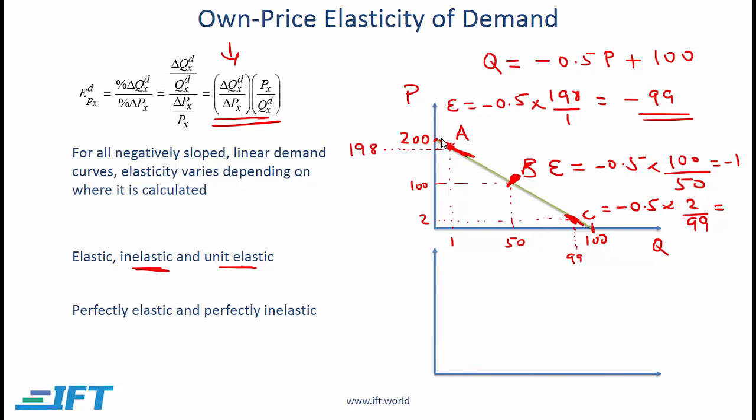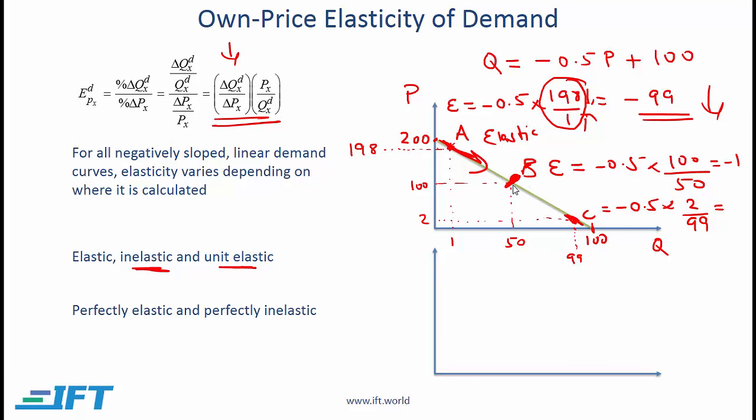And now you can see the progression along this demand curve. Here we are elastic, and as we move down, the numerator, which is the price, comes down, the denominator, which is the quantity, goes up. So this fraction is clearly coming down, which means that in absolute terms the elasticity is coming down as the price decreases.